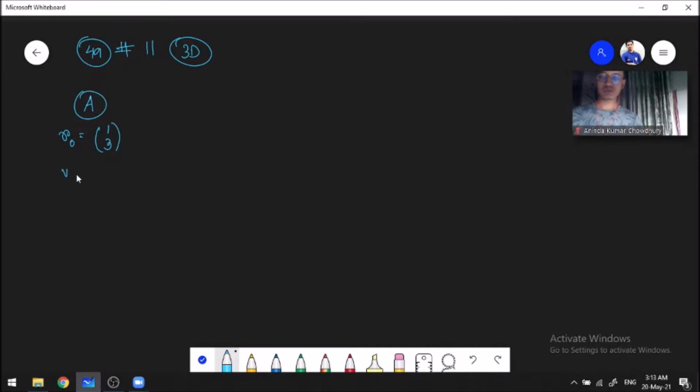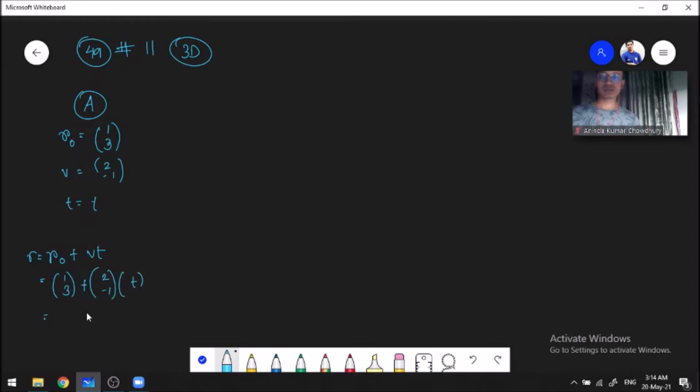And we have the velocity of A (2, -1), and we want to know the position vector of A after time t. So the position vector formula is r is equal to r naught plus displacement, and this is a constant velocity situation, so the displacement will be found using vt. So r naught is (1, 3), v is (2, -1), and our time is t.